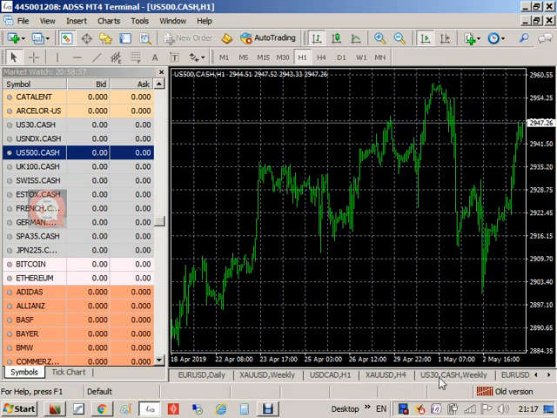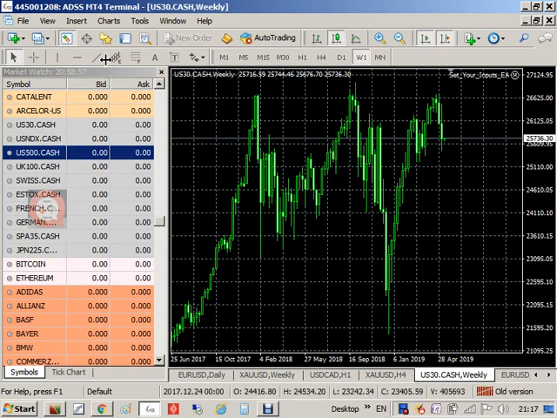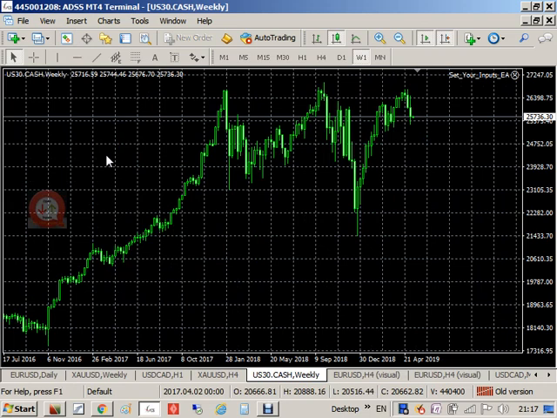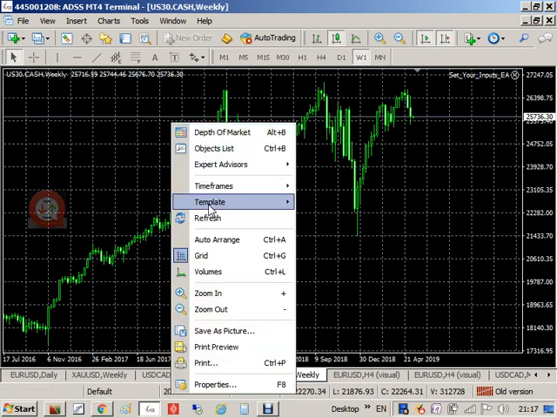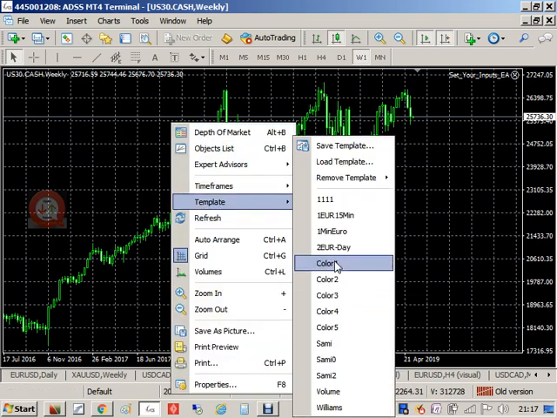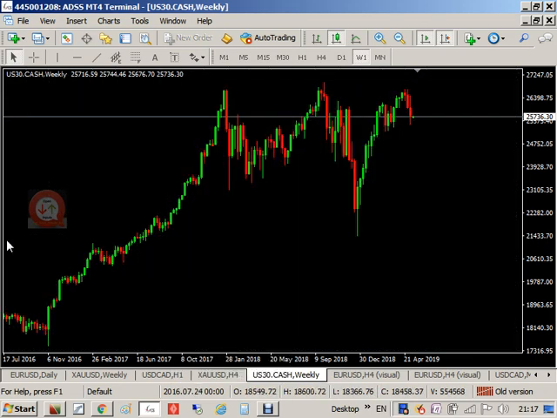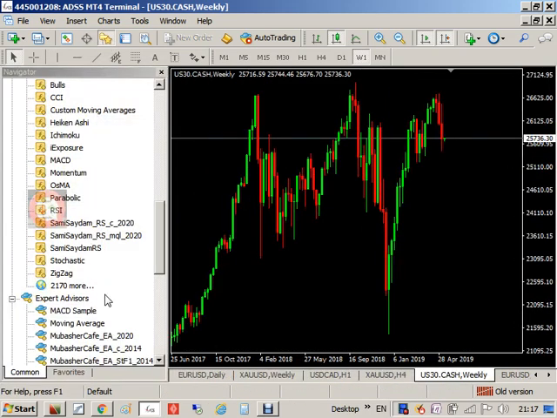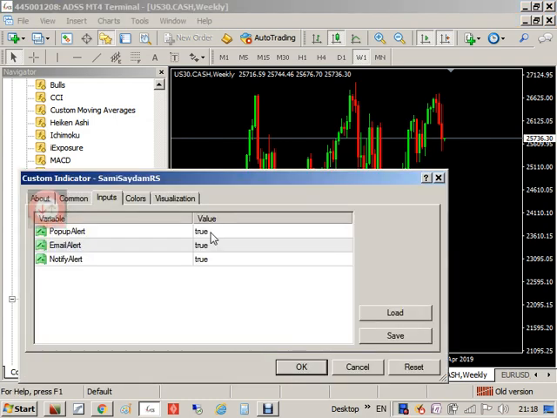Okay, so let's go to the weekly Dow Jones, and we put our template, and I put my indicator as before.